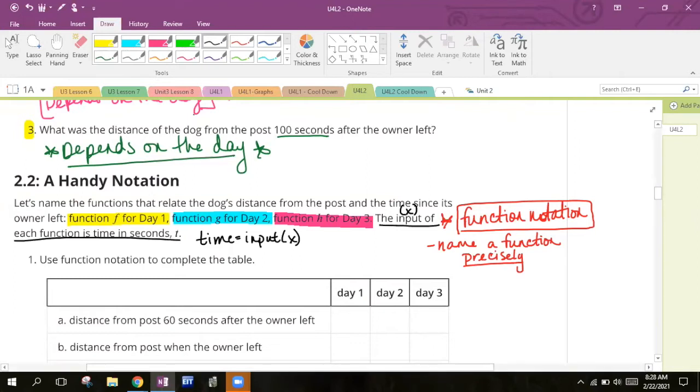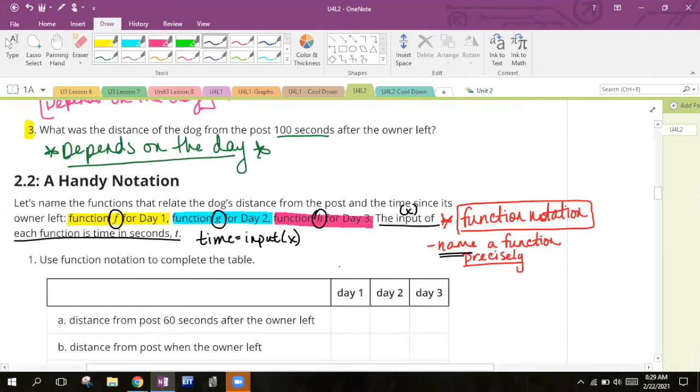Okay, so the main thing you need to understand about function notation is you're going to be naming your functions. Okay, so that's what we just did here. Day 1 is F, day 2 is G, and day 3 is H. Okay, so if we were looking at this right here, I'm going to kind of simplify.